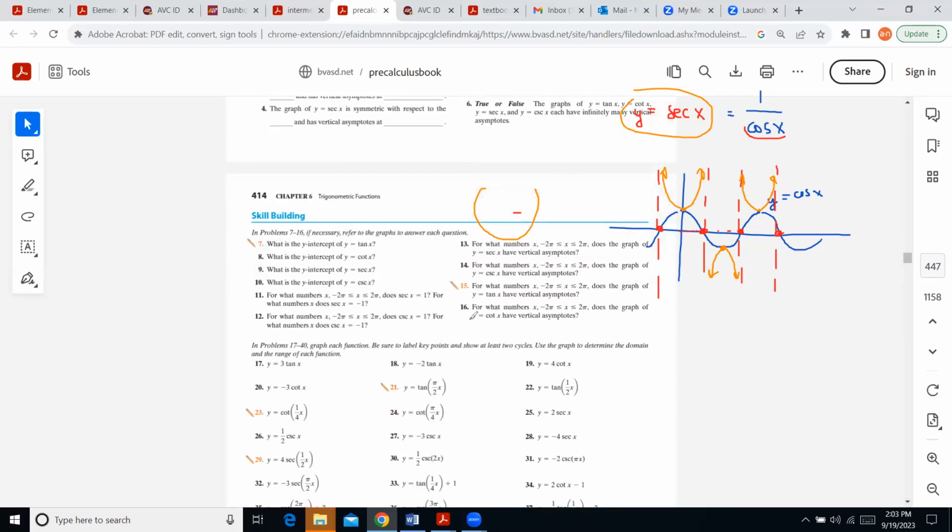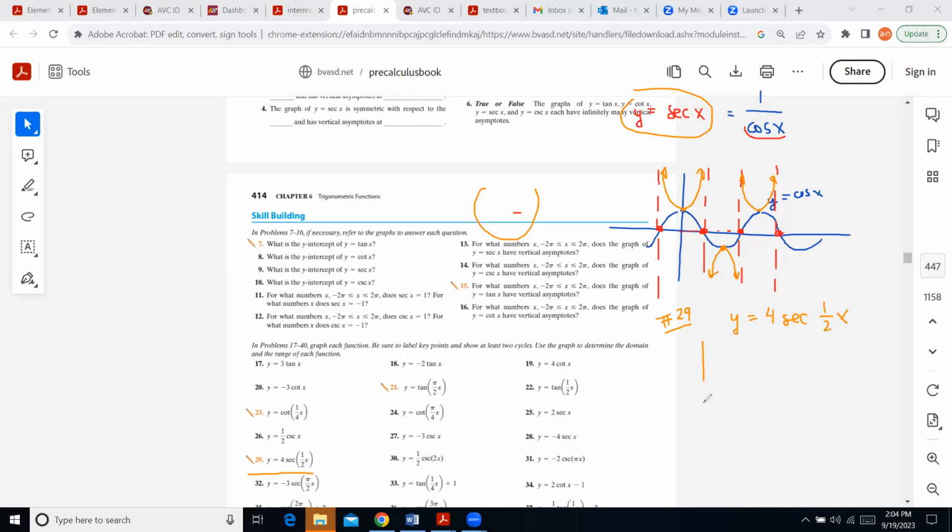So let me find a secant function here, like exercise 29, and follow the exact same footsteps as we already did before. In other words, when it's multiplied by 4, then we know the amplitude of this function is going to be 4.